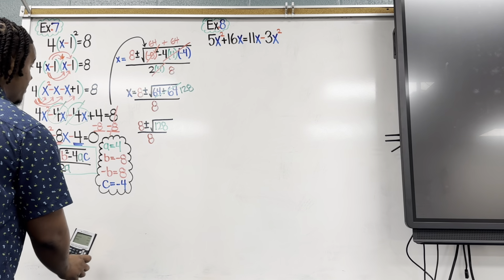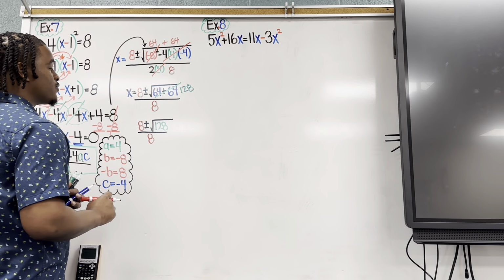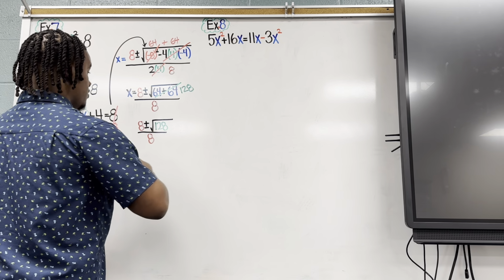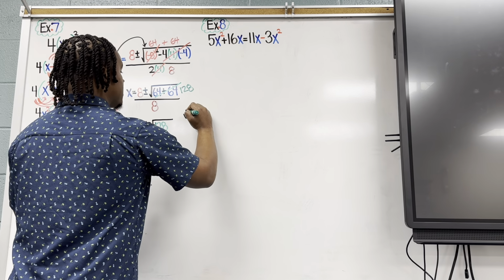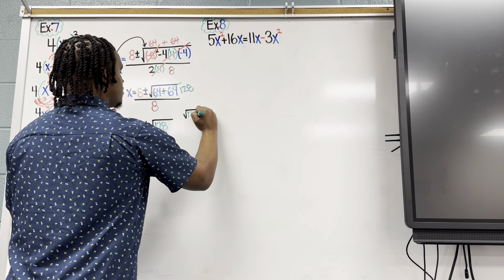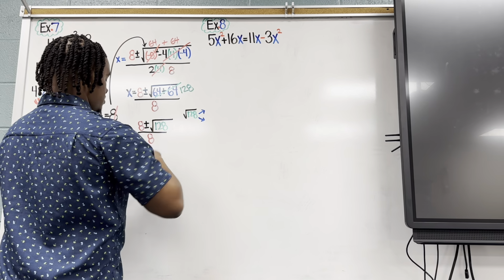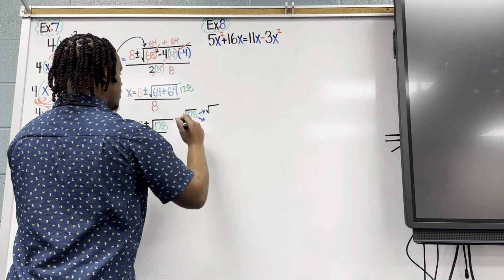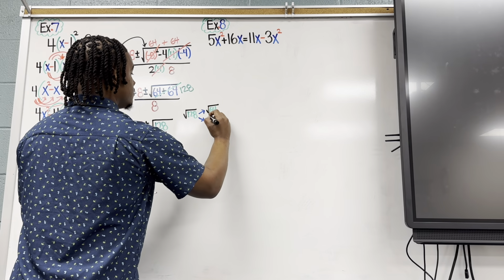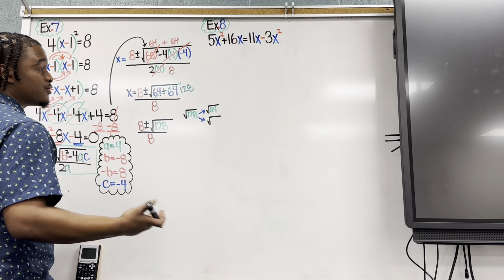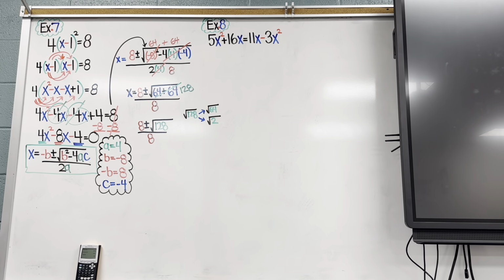Instead of the square root of 128, I can split it into the square root of 64 times the square root of 2, because 64 times 2 is 128.